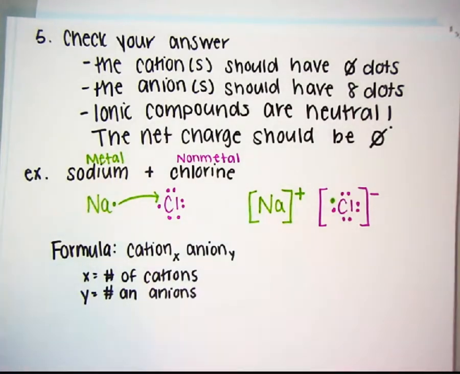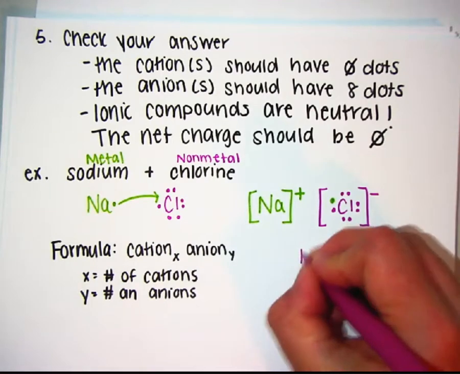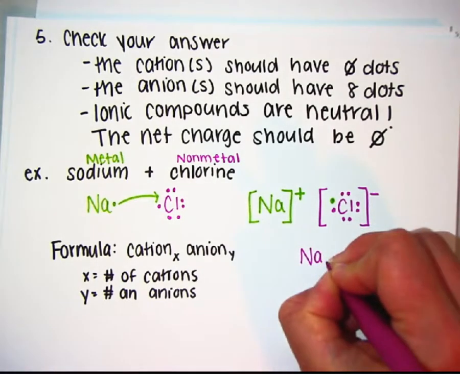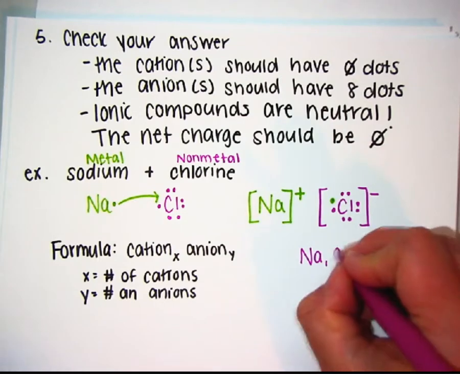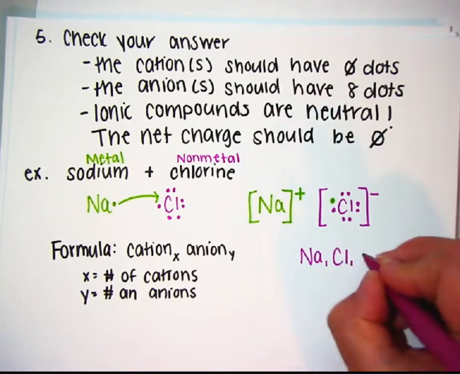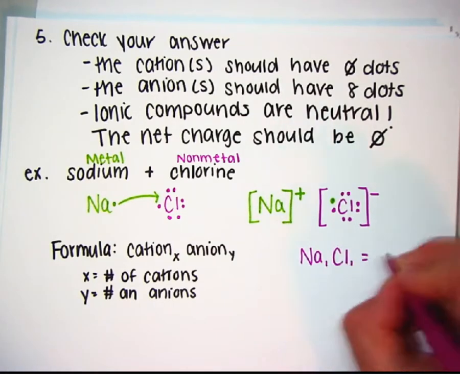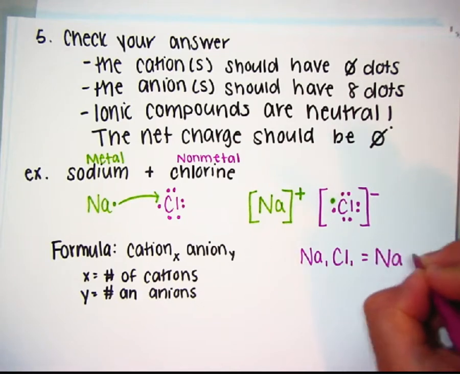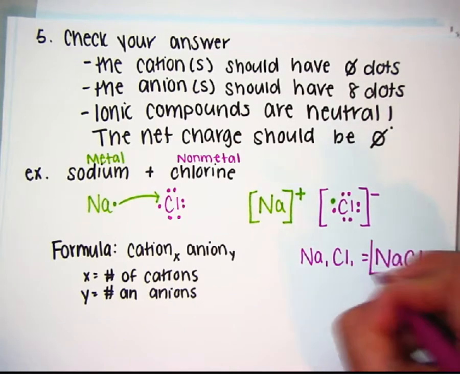So the cation comes first, and I have 1 sodium. The anion comes second, and I have 1 chlorine. We do not need to write the 1s though. So our formula would be NaCl.